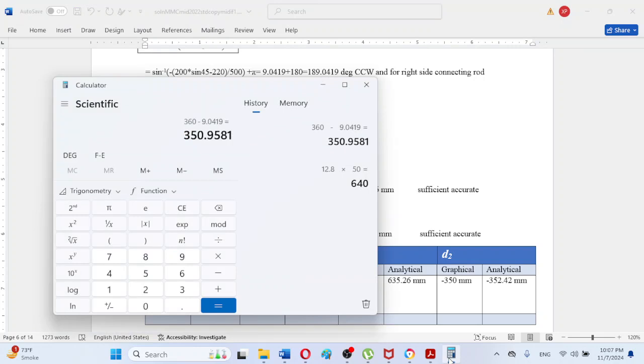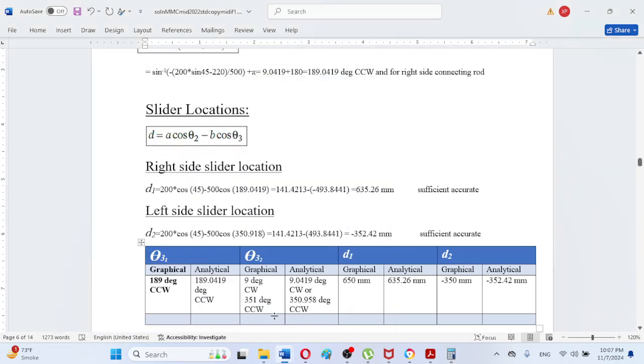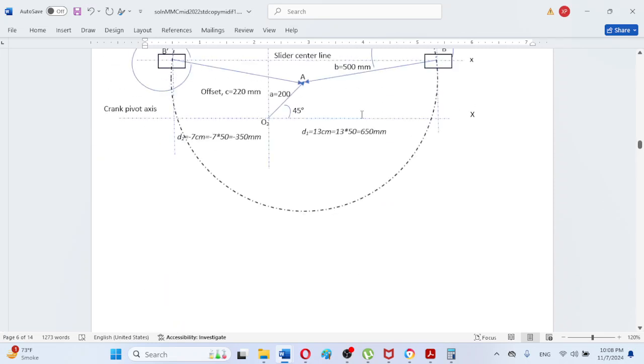That exact 9581 can be input, and that will give somewhat of a result according to this, that is minus 352.42, and our graphical results show that it is equal to 350.